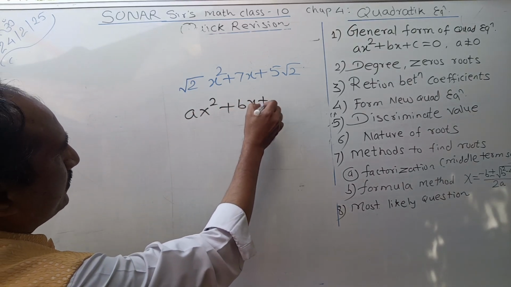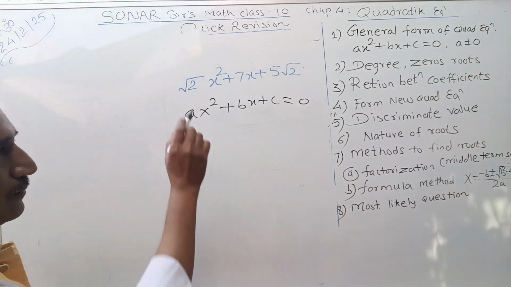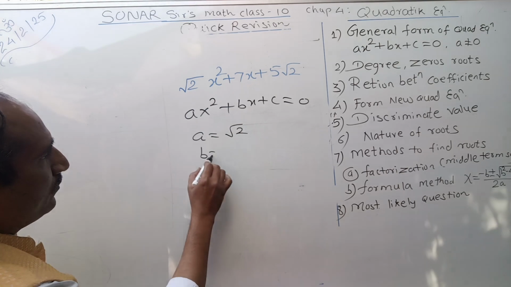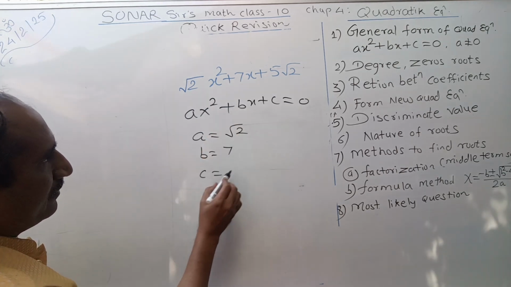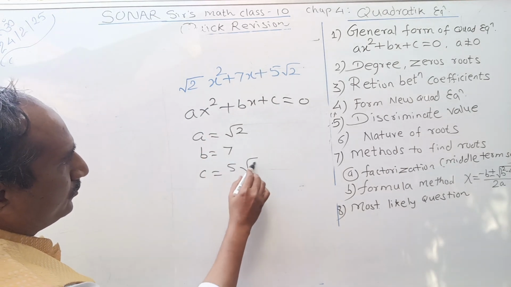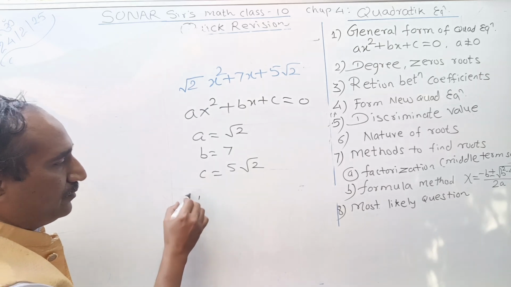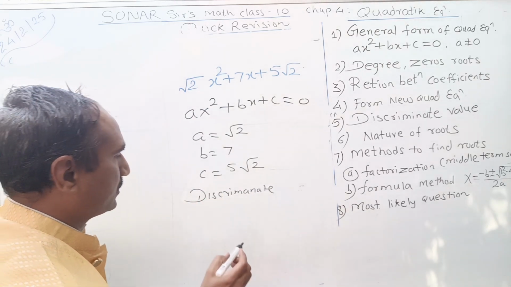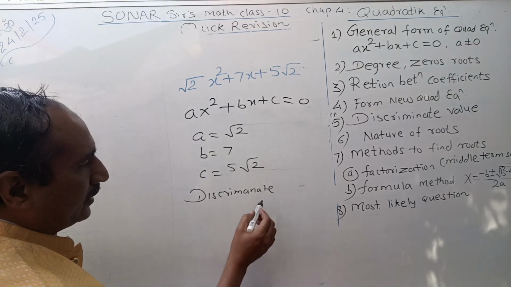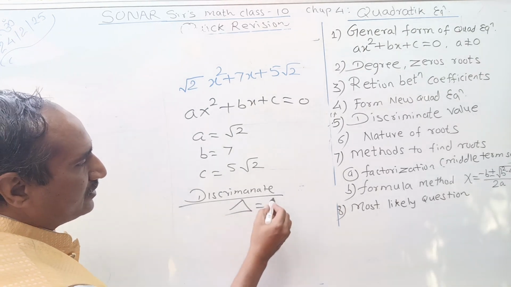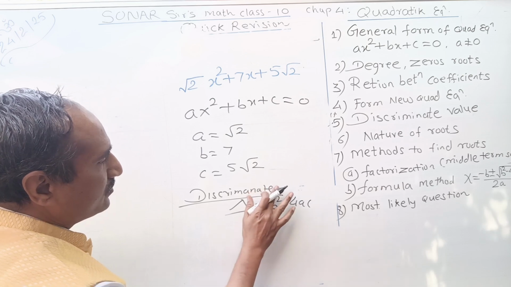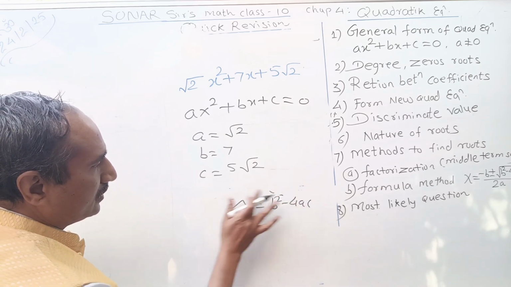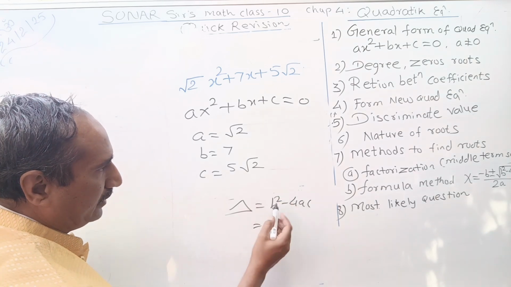ax square plus bx plus c. First, compare with the standard form. So what is the value of a? Root 2, the value of b is 7, and the value of c, that is the constant, is 5 root 2. Now the discriminant value. The discriminant value delta is equal to b square minus 4ac. So we'll write down the discriminant value, putting in the value of b.